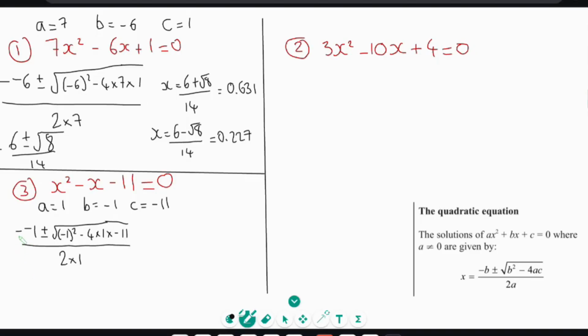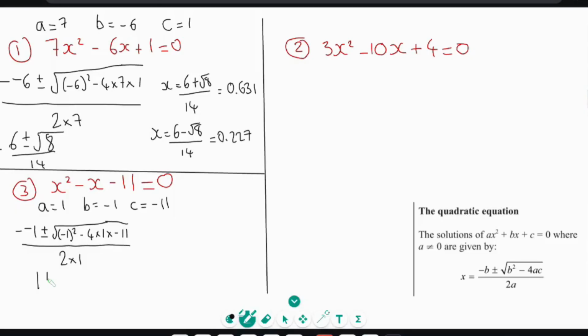Right, subtracting a negative, 2 minuses make a plus. And under my square root, we have -1 squared minus 4 times 1 times -11, 45.